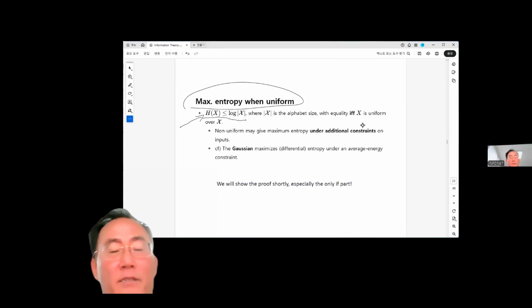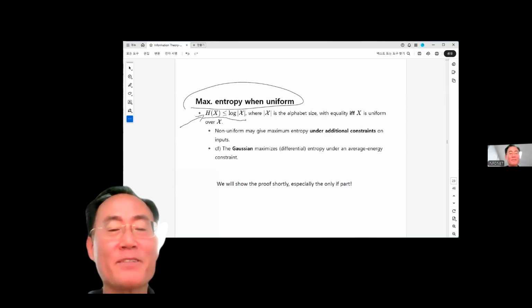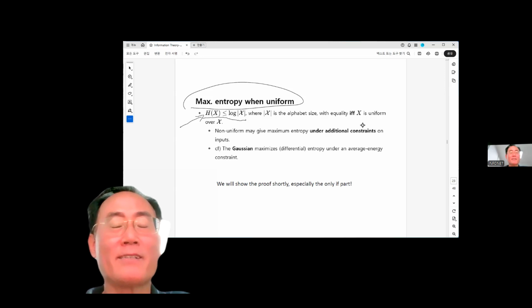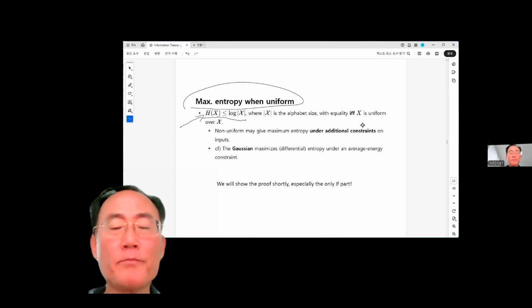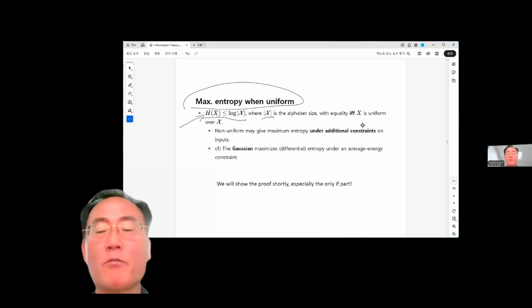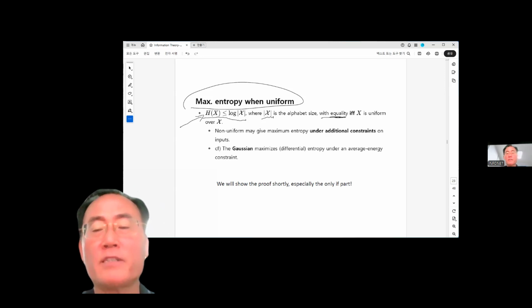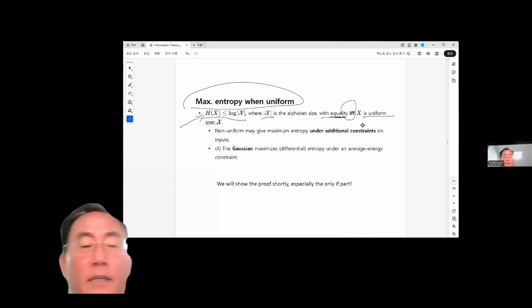So entropy of X is upper bounded by log of size of the alphabet, log of size of the message set. That's the notation that the textbook uses, right? And then here equality is achieved if and only if X is uniform over the alphabet. Okay, so that's what it is.